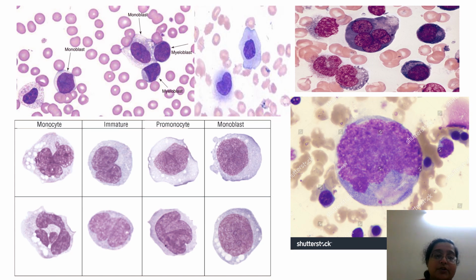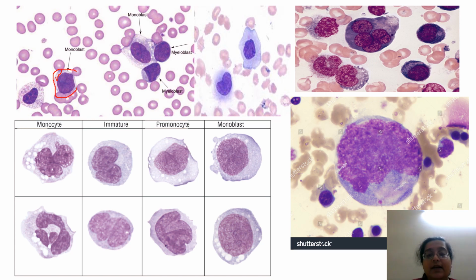So here I have an image. A very big problem you have is in recognizing monoblasts. They are large. The cytoplasm is just like that of a myeloblast, but it is pale bluish with vacuoles. So it has some properties of a lymphoblast and some of a myeloblast. The chromatin of a myeloblast is fine.